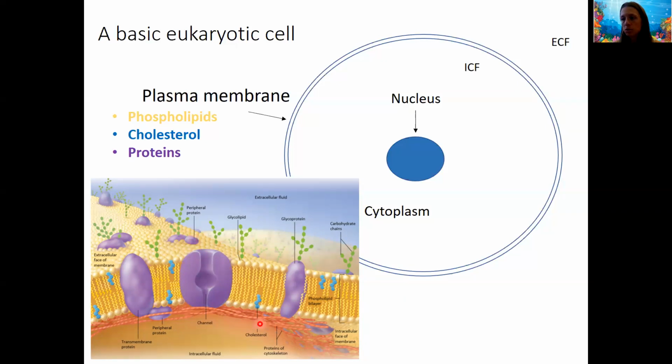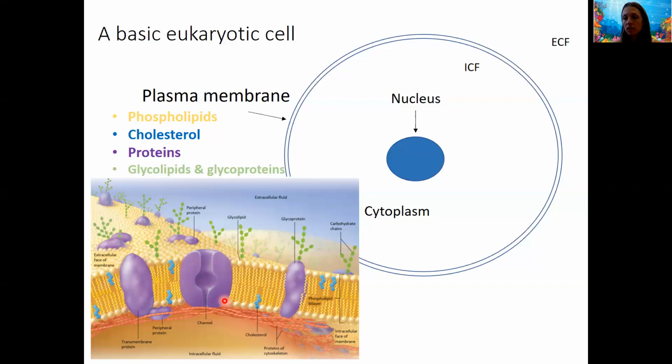The cytoskeletal proteins down here, the filaments, are other examples of peripheral proteins. Peripheral proteins are super important, but we will be focusing on these transmembrane proteins. Sometimes you'll see them called integral proteins in other sources. They are embedded within the membrane and have various functions. I'll come back to them briefly in just a moment.